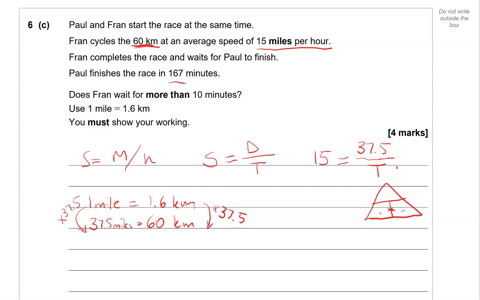So these two numbers you multiply to get this one, or to work out any of the missing values at the bottom, you go dividing that number at the top by the number at the bottom. So in this case we need to work out this one, so we're going to do 37.5 divided by 15.